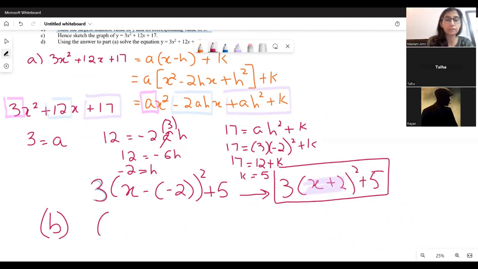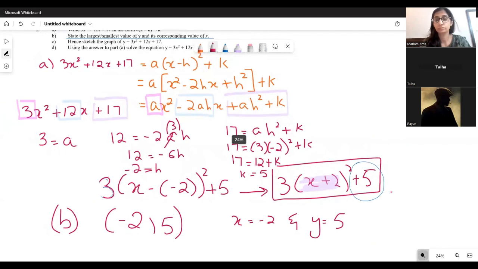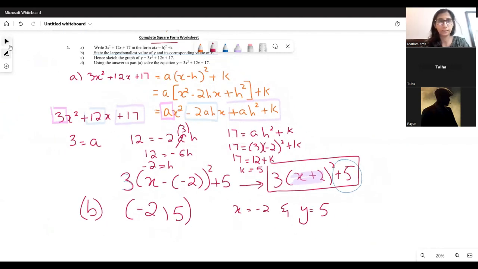So the x coordinate of the turning point is −2, and the y coordinate stays the same. This is the y coordinate, which is 5. For the y coordinate, you do not change the sign. So these are the coordinates of the turning point of the graph: x is equal to −2 and y is equal to 5. That's part B.